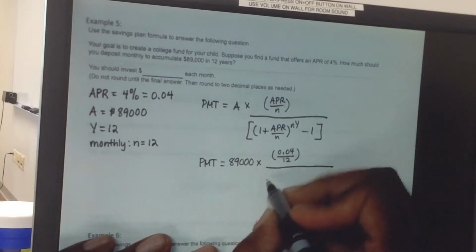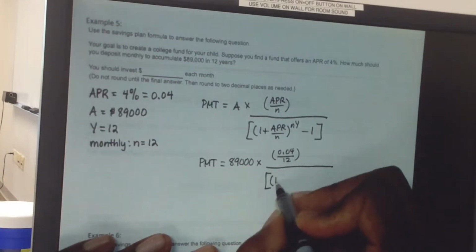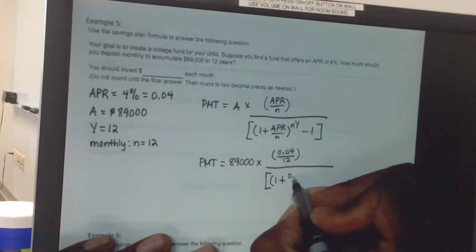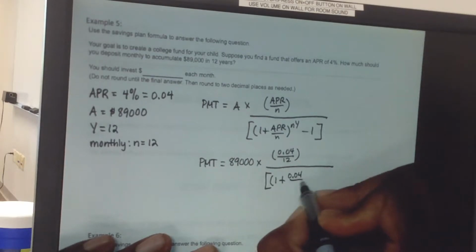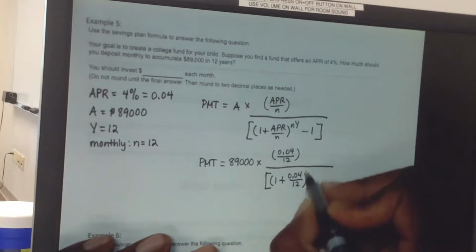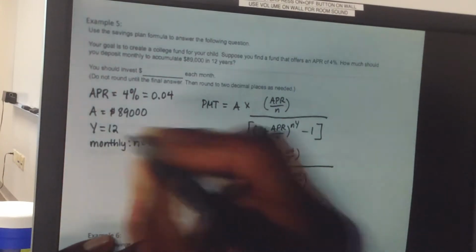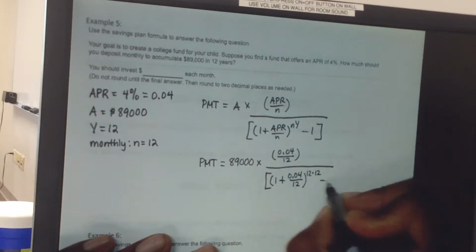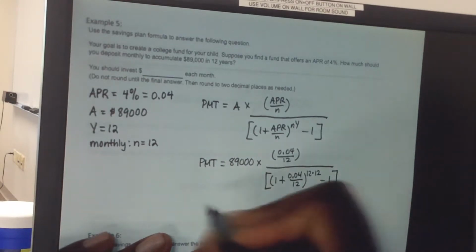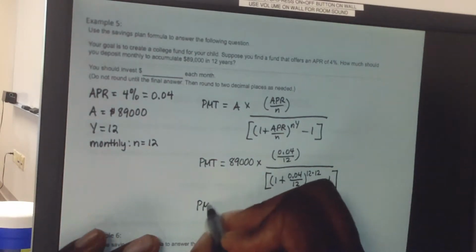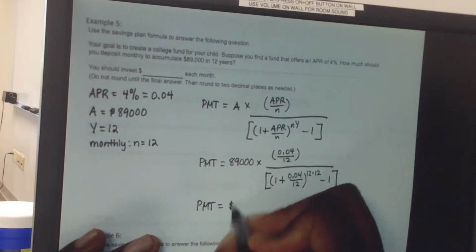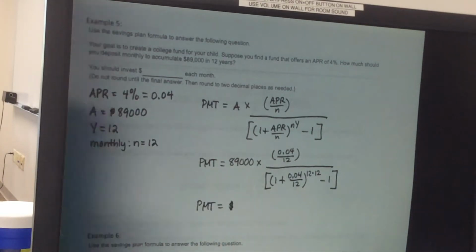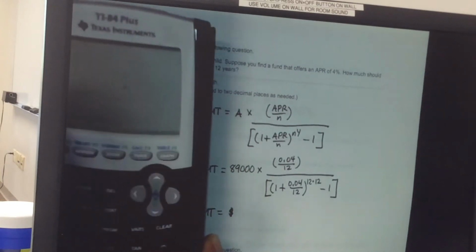That's going to be divided by 1 plus APR of 0.04 divided by N, which is 12. Raised to the N times Y. N is 12 and Y is 12. So it'll be 12 times 12 minus 1. Let's see, we're going to round to 2 decimal places, by the way, in our final answer.